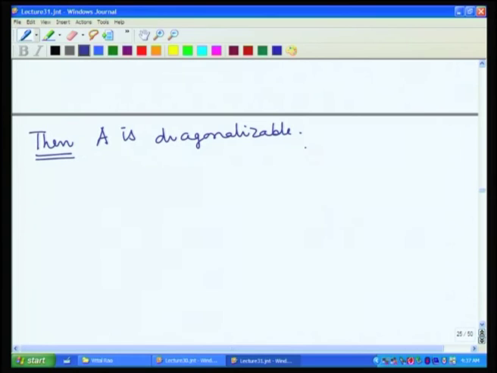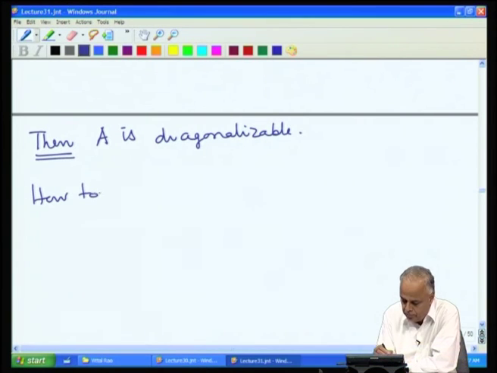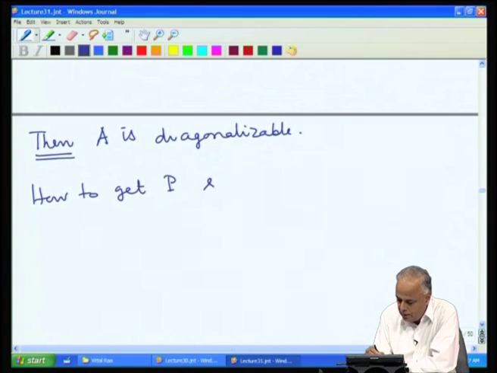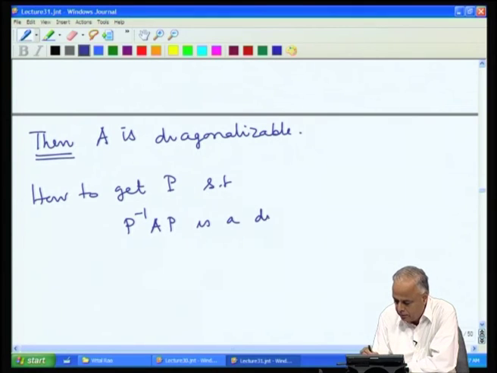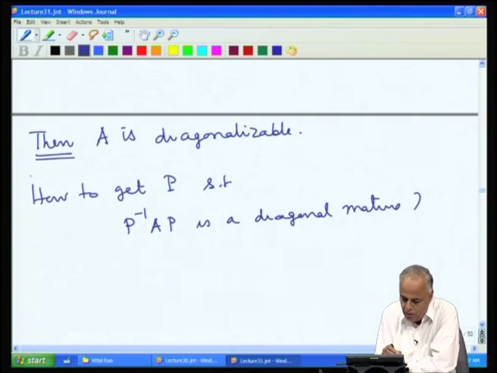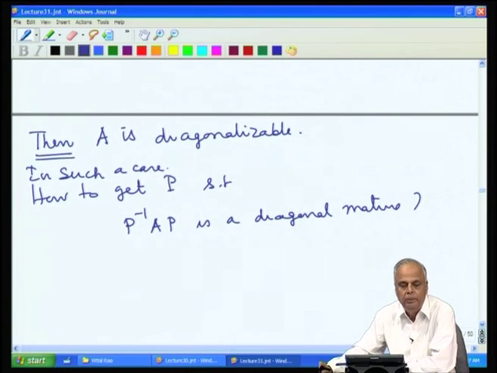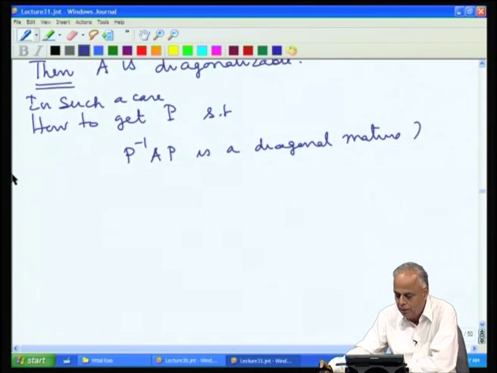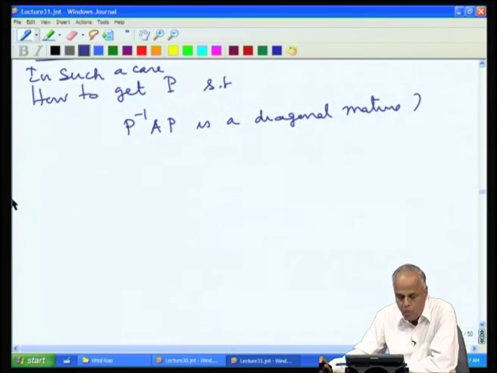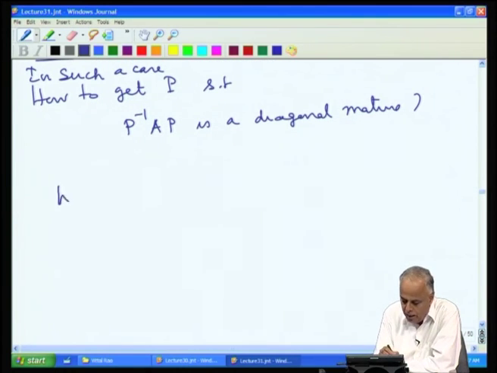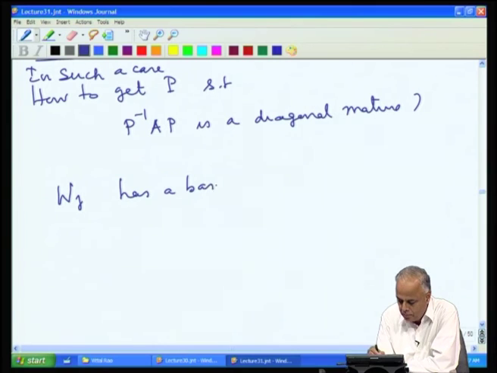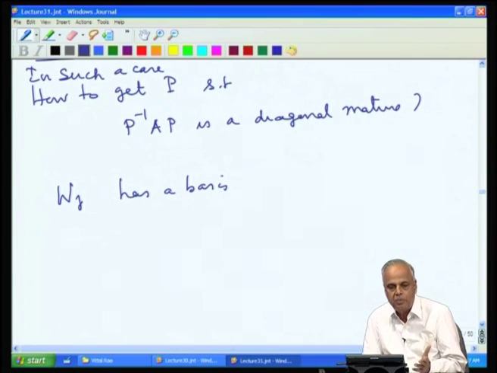So, how do we get P such that P inverse A P is a diagonal matrix? In such a case, how do we get the P matrix? What we do is the following: we look at W j, which is a null space, so a subspace, and it has a basis.